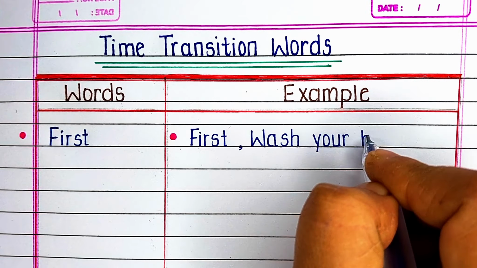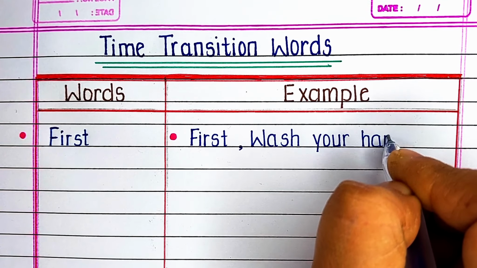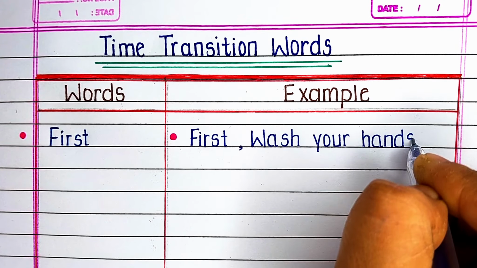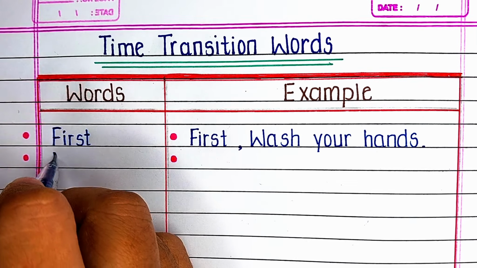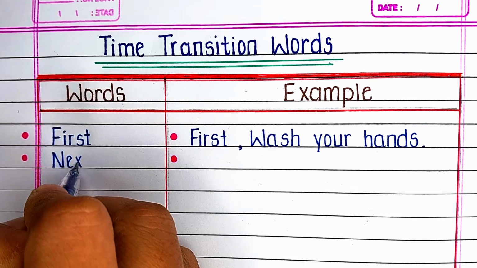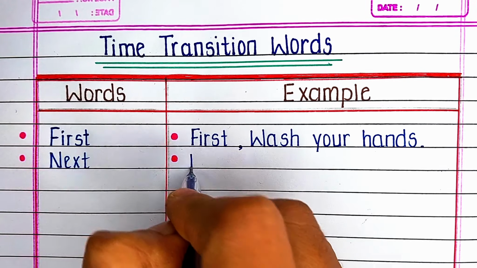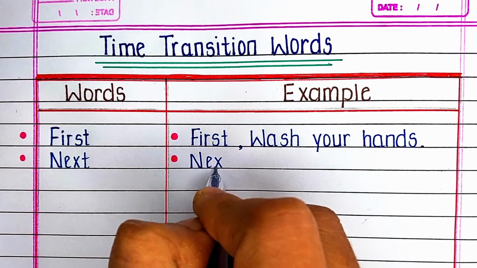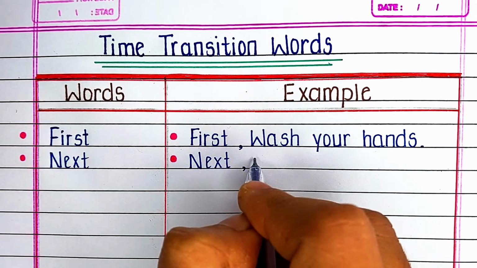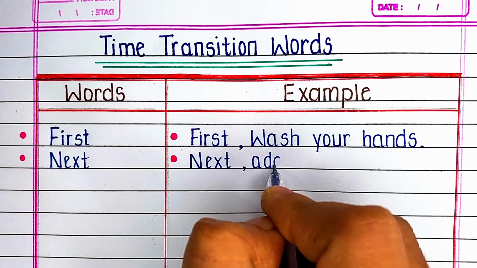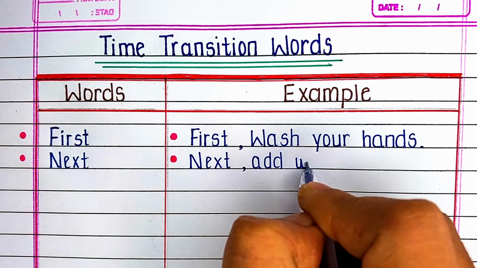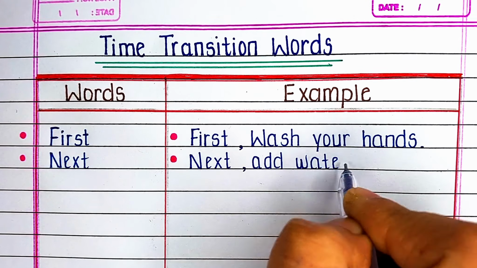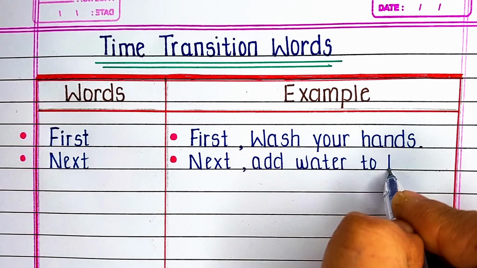First word is first. For example, first wash your hands. Next word is next.